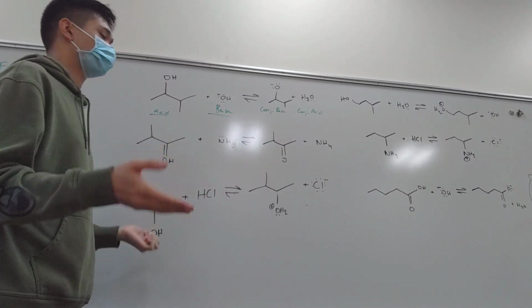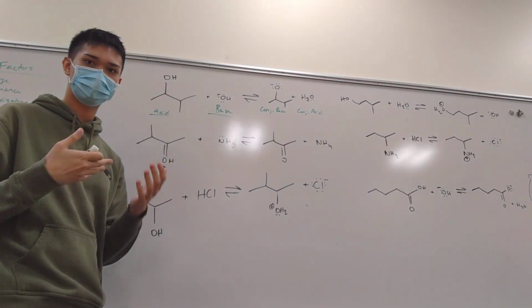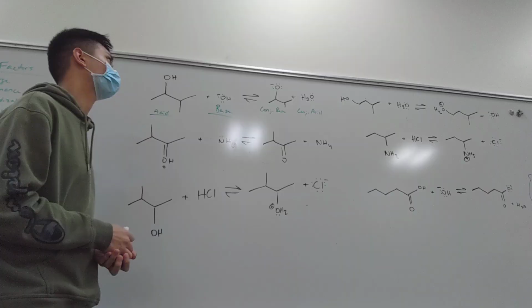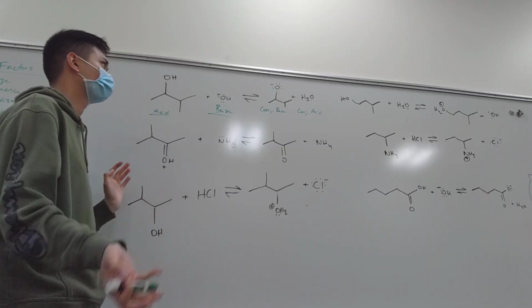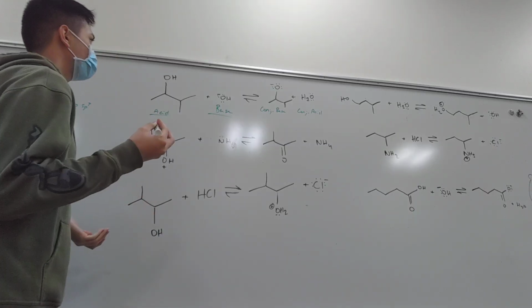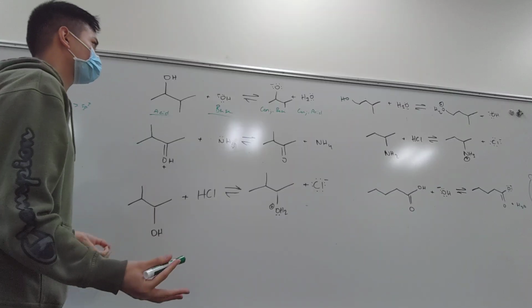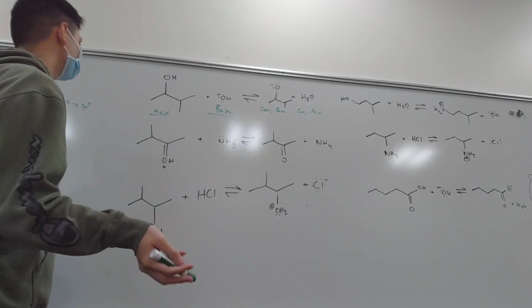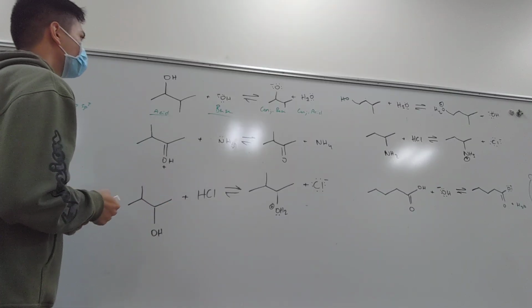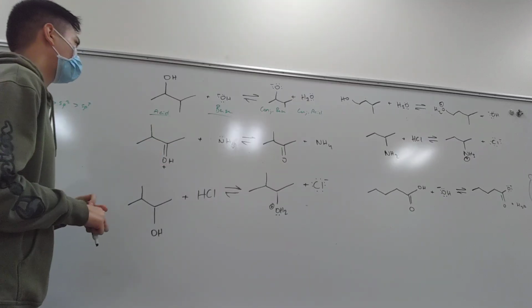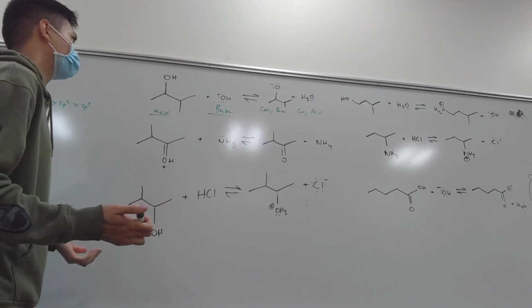Neither has resonance. It can't really delocalize or share that negative charge or extra lone pair, so we can rule that out. They have the same electronegativity since they're both oxygen, and the same size, nor do they have any inductive effects.